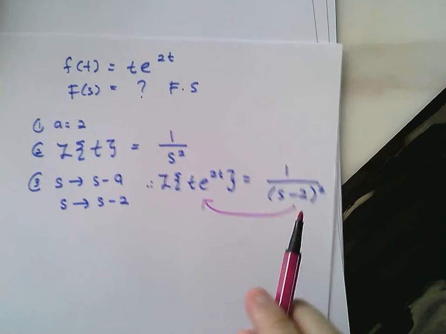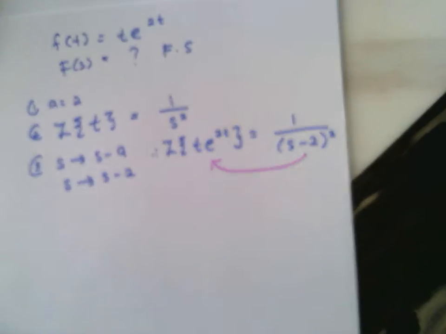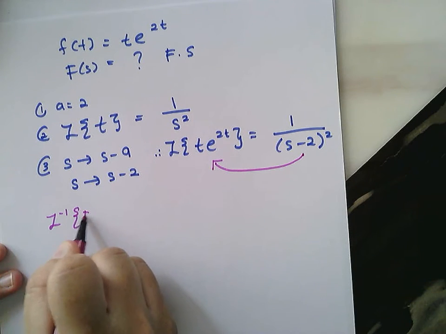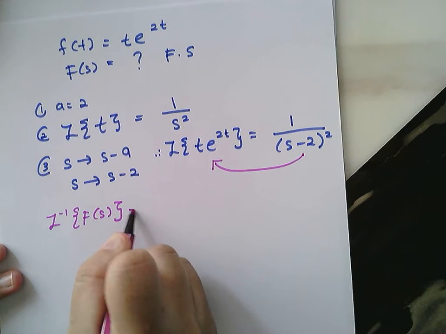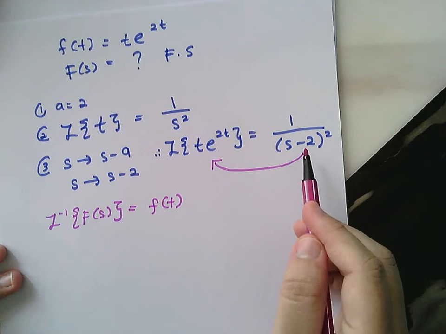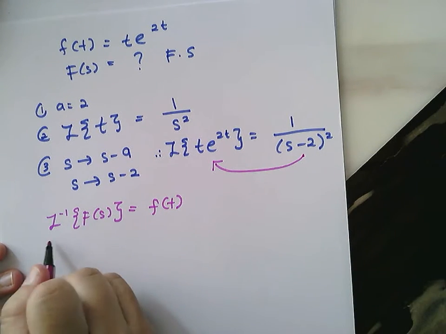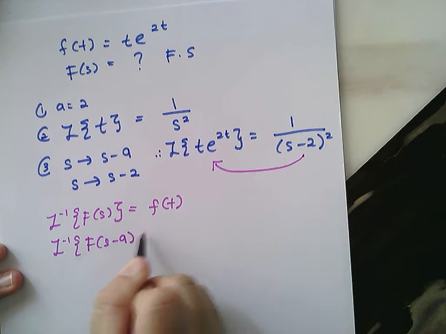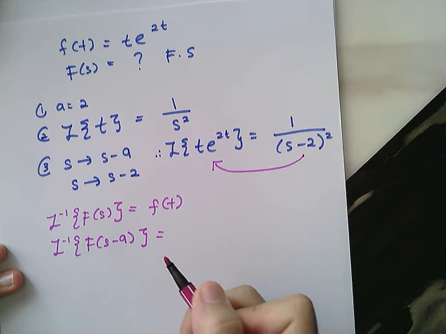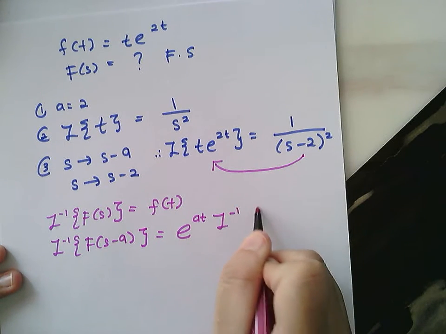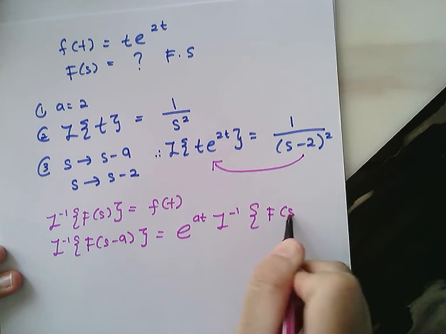By definition, if the Laplace inverse of F(s) is equal to f(t), and here you have s minus a, then the inverse of F(s minus a) is equal to e^(at) times the Laplace inverse of F(s).